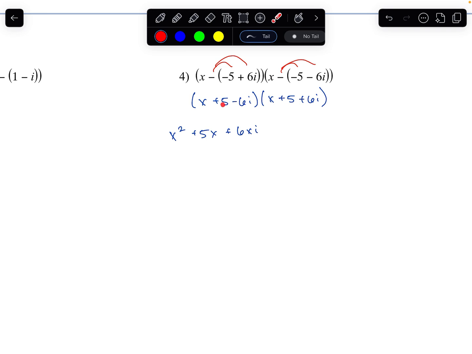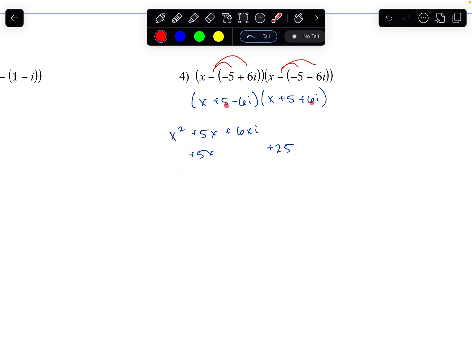And then 5 times x is positive 5x. 5 times 5 is positive 25. Notice how I'm stacking like terms, so it's easier to combine them.